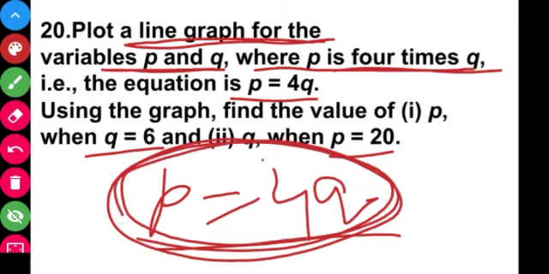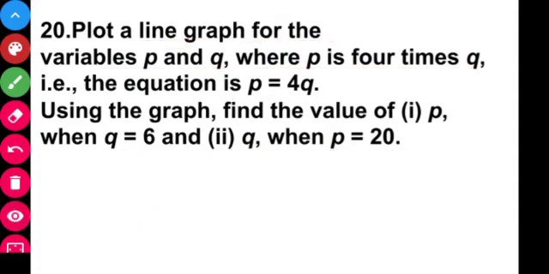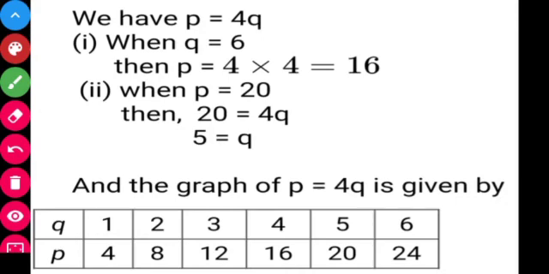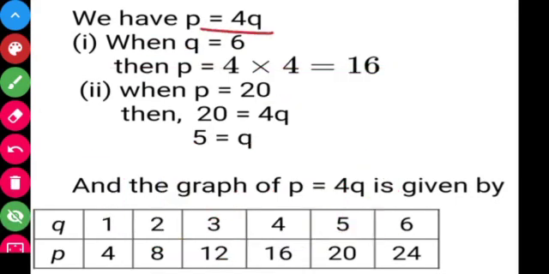Okay, so p is equal to 4q, as given. So assume any value of q and find the respective value of p. Let's start. We have p is equal to 4q. Take q is equal to 4.